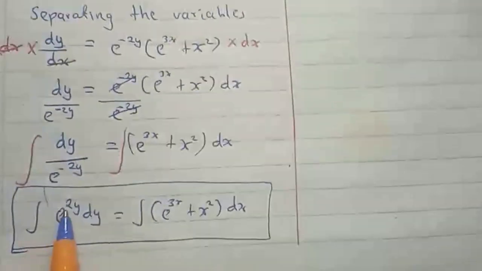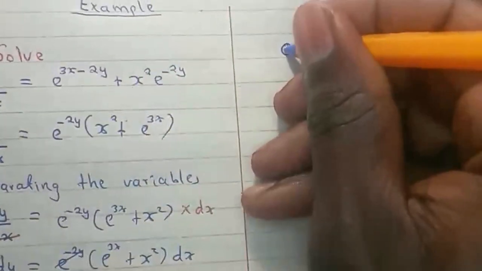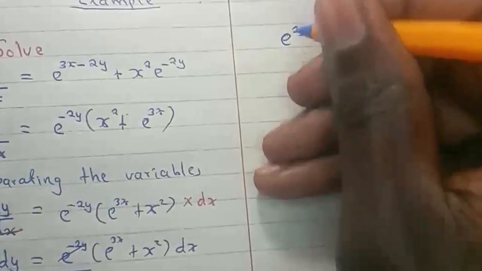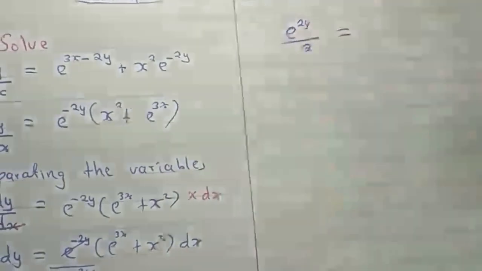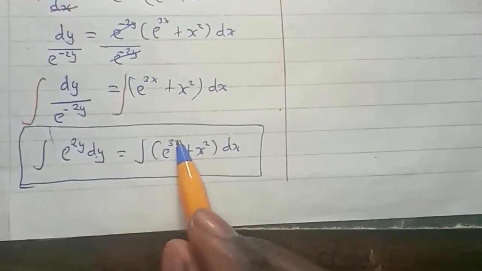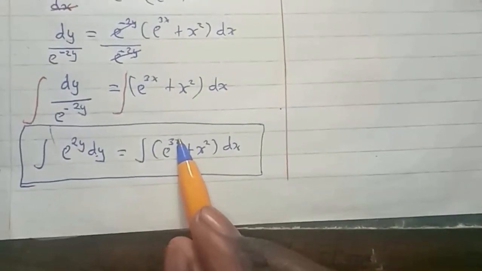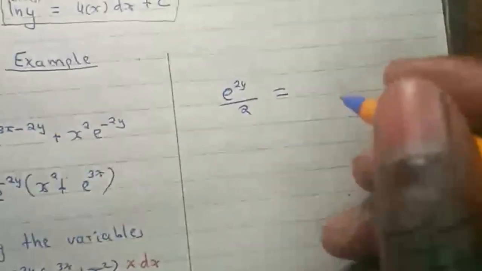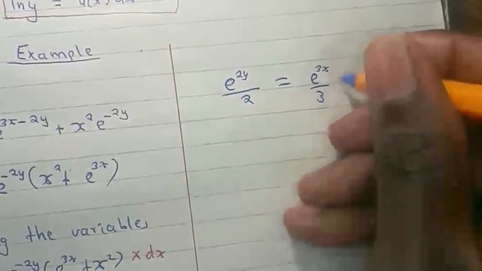If we take the integral of e^(2y) dy, we are going to get e^(2y)/2. On the right, if we take the integral of e^(3x), we are going to get e^(3x)/3.